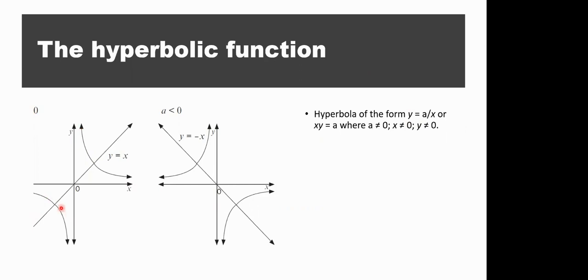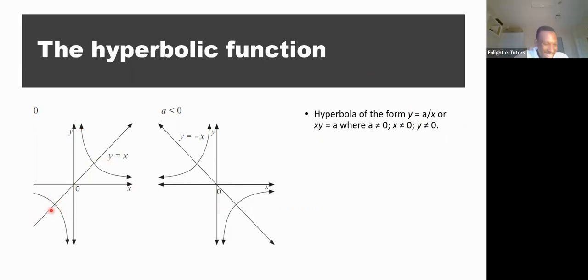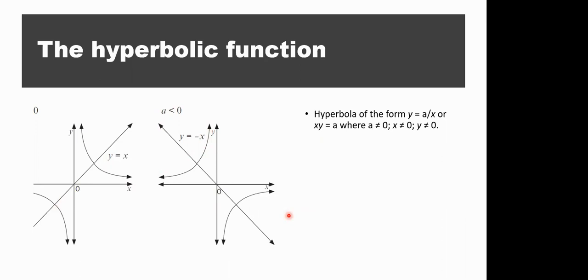I do. First and third, if a is bigger than 0, which means your gradient is positive. If your gradient is negative, which means a is less than 0, your graph is going to occupy the second and the fourth quadrants. You understand? I do. Exactly.